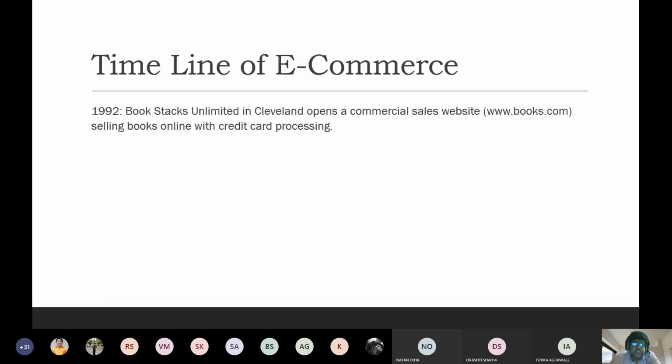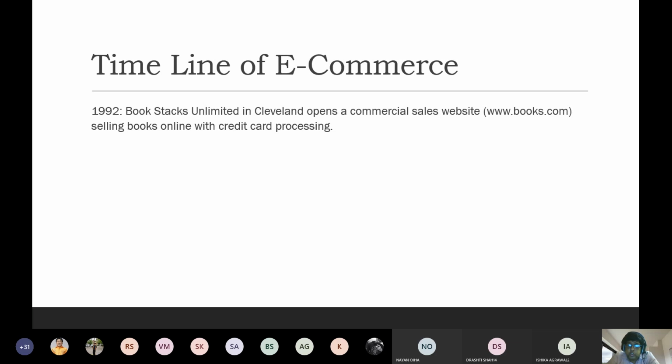Yes, Bookstacks Unlimited in the year 92 opened a commercial sales website, www.books.com, which was selling books online with credit card processing. So for all those people who said that books were the first things to be sold online, yes, somewhere along the line you could say that books were being sold online, and your credit card was being used at the time for processing the online purchases that were being made.